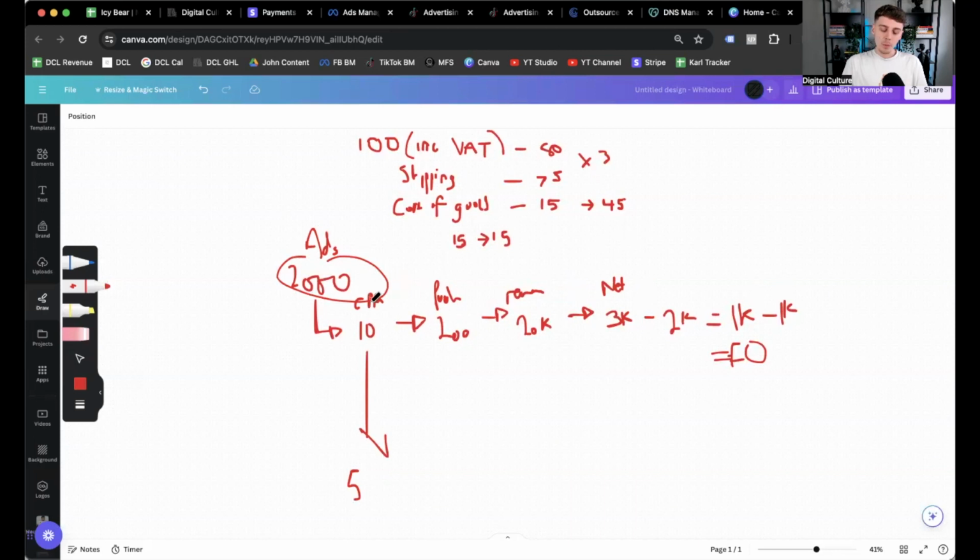But what lots of people make the mistake with in e-commerce is they think, right, let me squeeze as much juice as possible out of the ad spend I've got. When in fact, if you quadrupled this ad spend or 5x that ad spend to 10K a month without changing the cost per purchase, so you don't need to improve the performance of your ads, you now spend £10,000 a month.